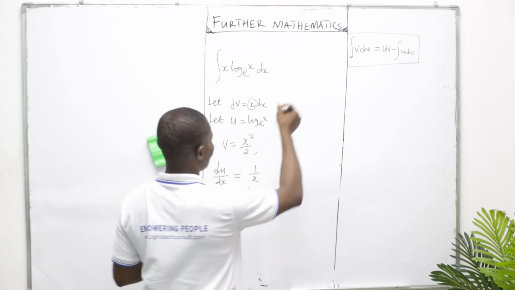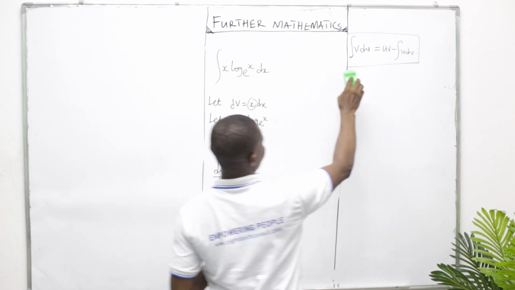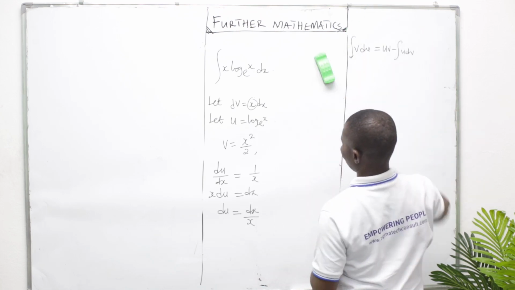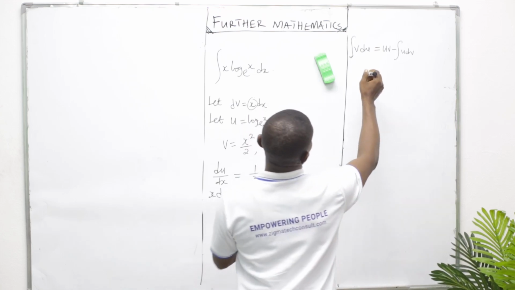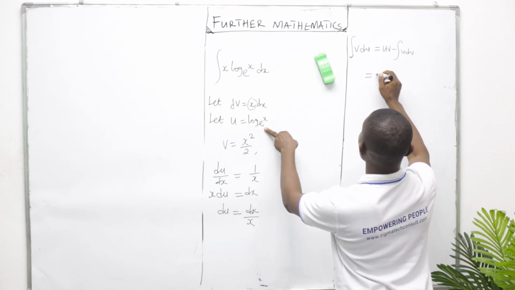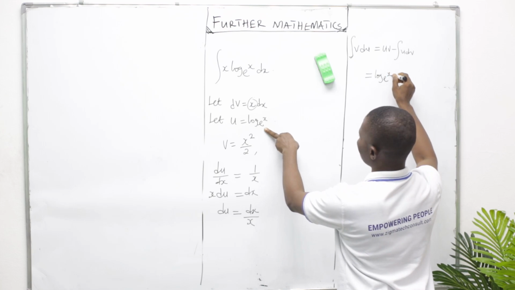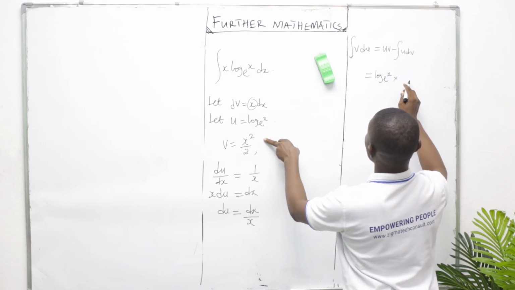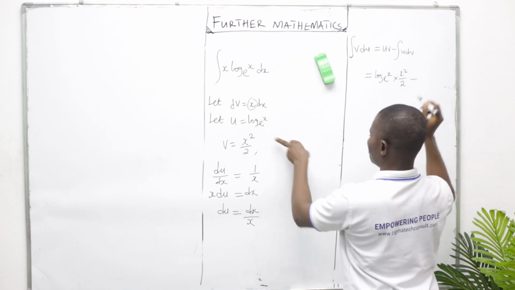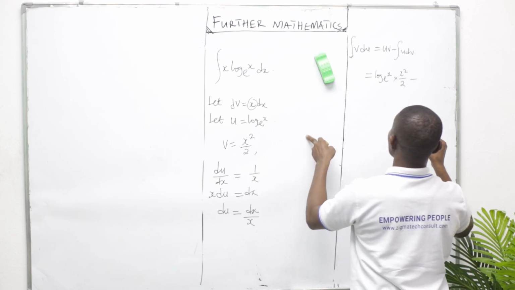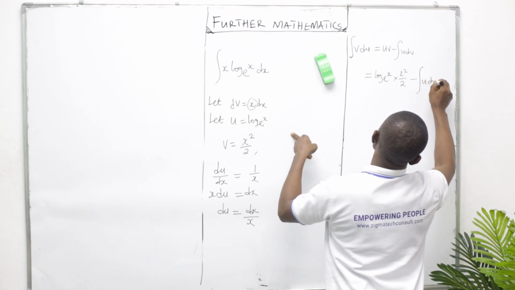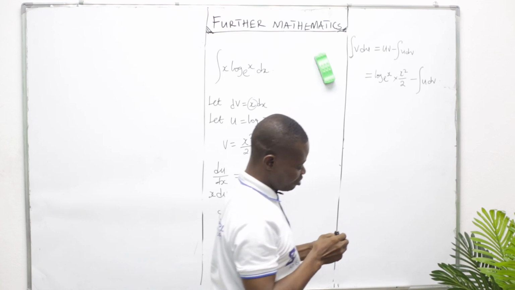Now, applying the rule, this general formula, u from this part equals log x multiplied by v. v is x squared all over 2. Then minus the integral of v du. But you must be very, very careful.